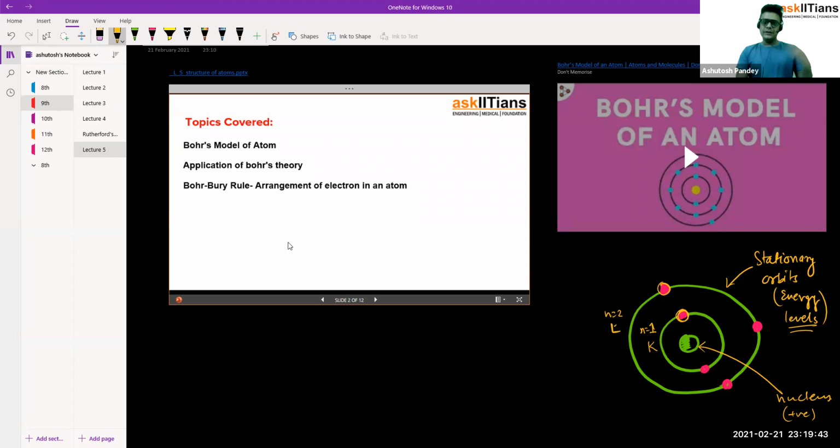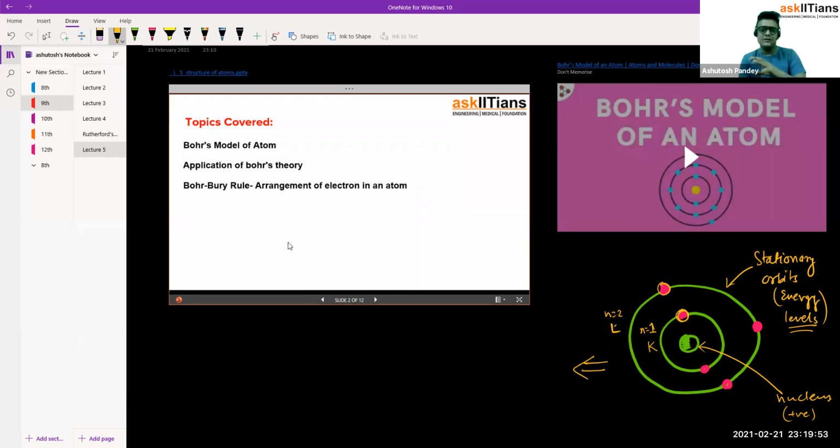He also explained what these orbits are and how these orbits have a stable configuration. He proposed that there is quantization.